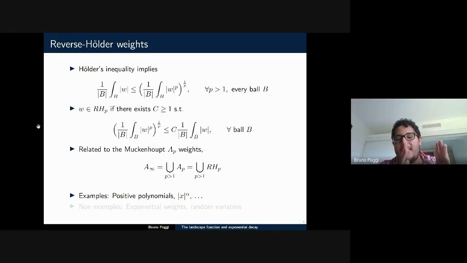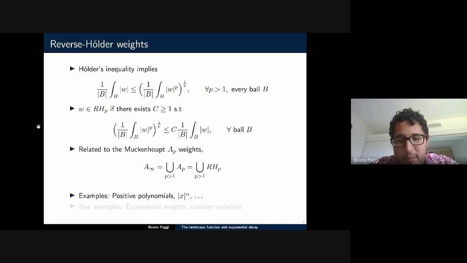So the magnitude of x to the power alpha, where alpha is, for instance, some number bigger than -2, then your potentials will be in a certain reverse Holder class. So the reverse Holder functions can have singularities. They don't have to be essentially bounded.